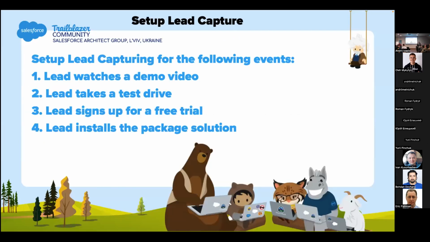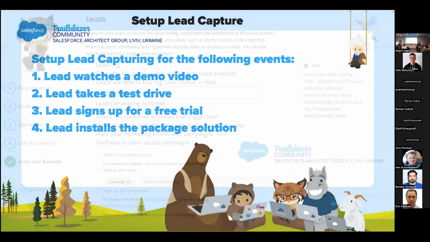So on the next slide, you'll see how to set up lead capturing for the following events. When a lead watches a demo video, when a lead takes a test drive, when a lead signs up for a free trial, and when a lead installs the package solution.